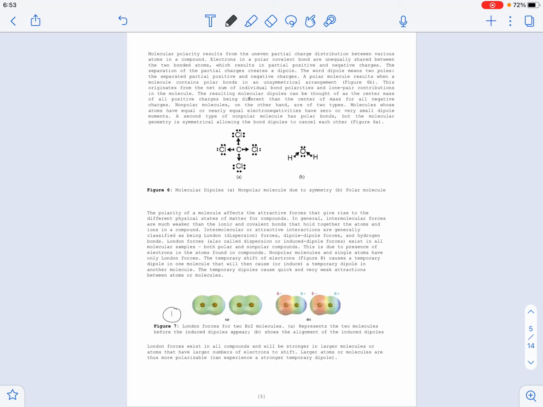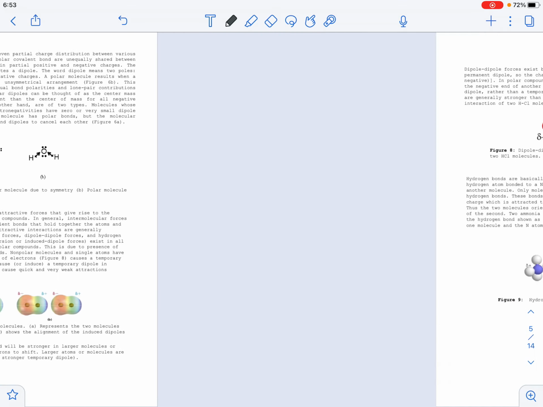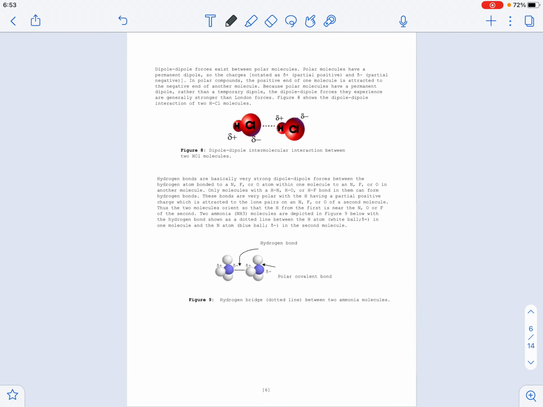There are molecules that have a permanent dipole. And those molecules that have a permanent dipole are said to have dipole-dipole interaction. So if you have a polar molecule, then their strongest attractive force is a dipole-dipole attraction. Okay?